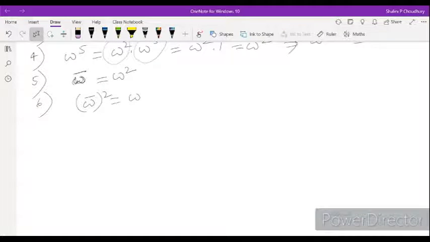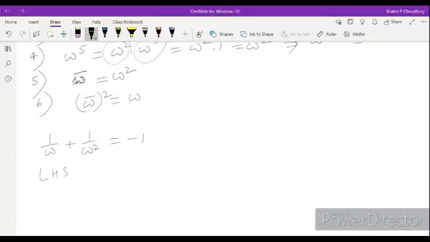In our first question, we have omega, which is a complex cube root of unity. We have to prove that 1 upon 1 plus omega plus 1 upon 1 plus omega square is equal to -1. How can we prove this?